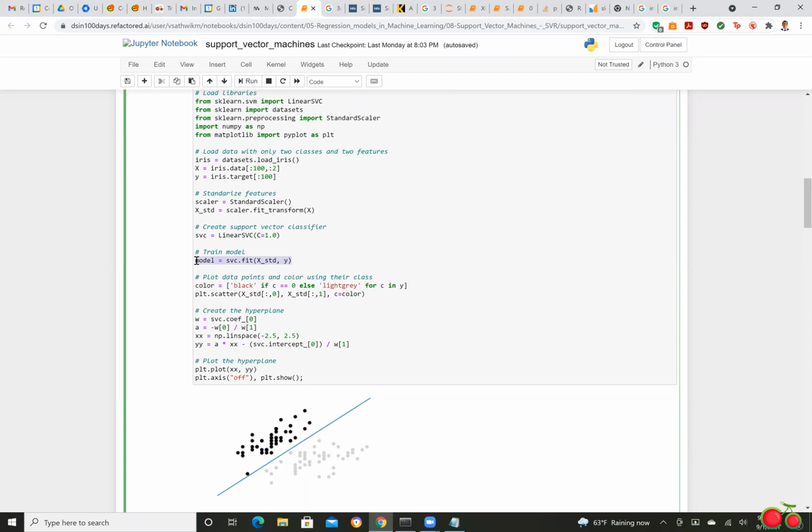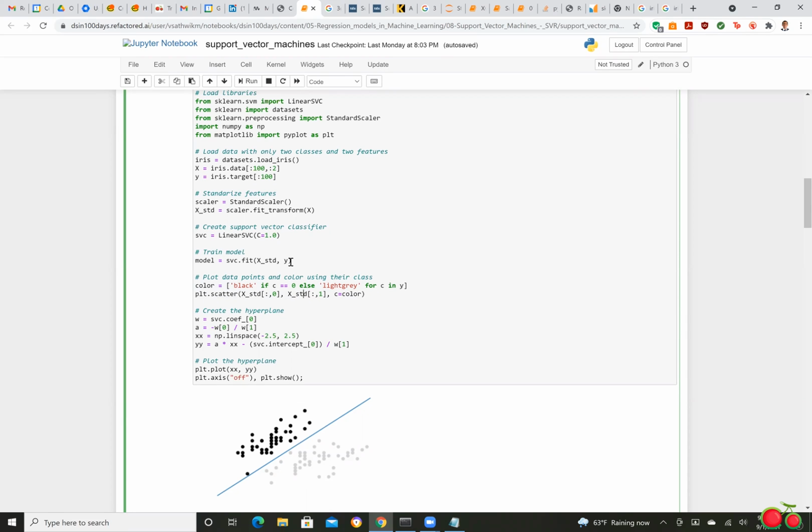Then once you create the model, you're fitting it to your data. So you took the standardized parameters, you fit the standardized parameters, you try to predict, and you tell it that this is the target I'm trying to predict. Then color equals black. This is a simple piece of code where, once I get the prediction, I'm trying to color these two data sets.